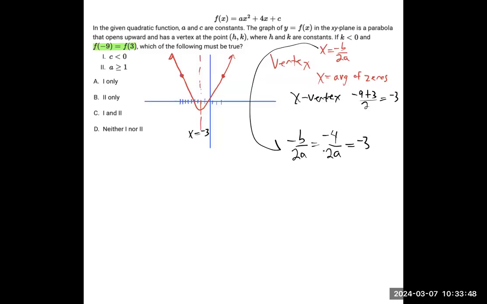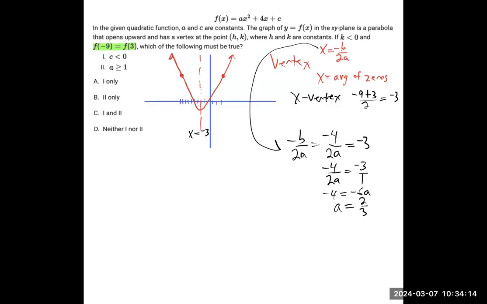So now we know the value of a because we have an equation in one variable. So let's just go ahead and solve that out. -4 over 2a is the same as -3 over 1. Cross multiply, -4 times 1 is equal to -3 times 2a. Divide by -6 on both sides. a is positive 2 over 3.